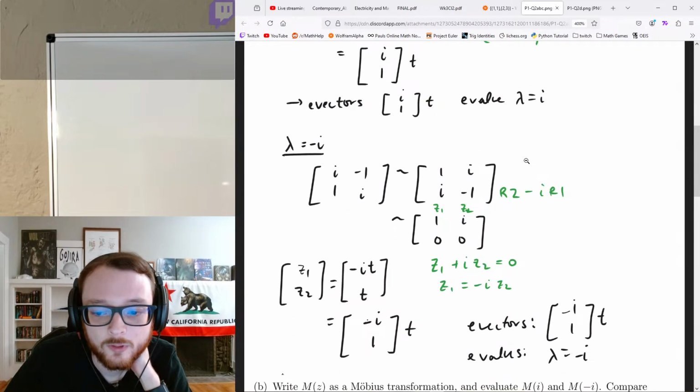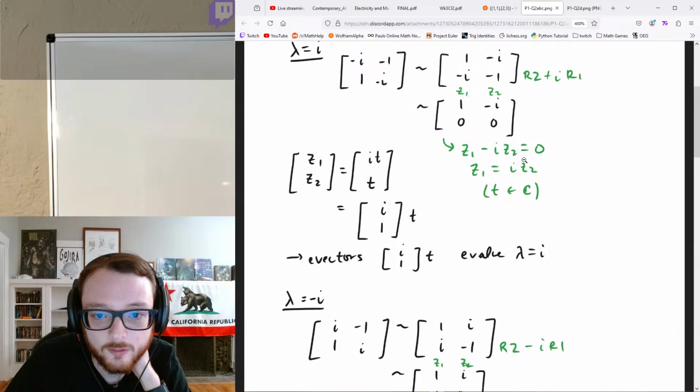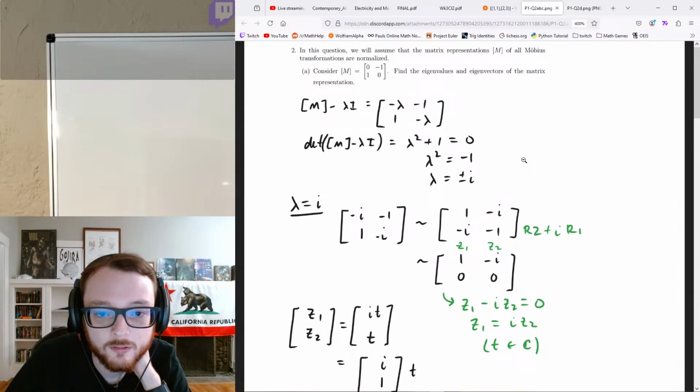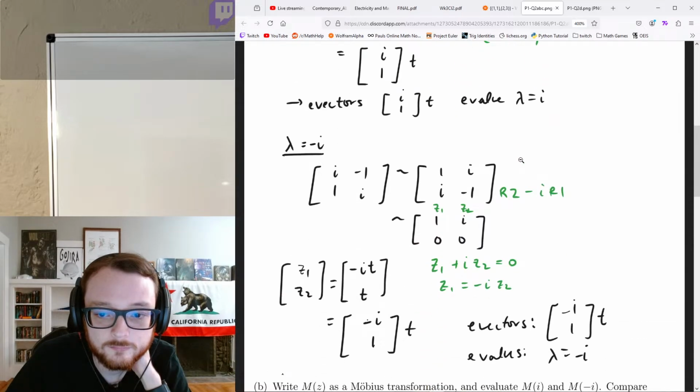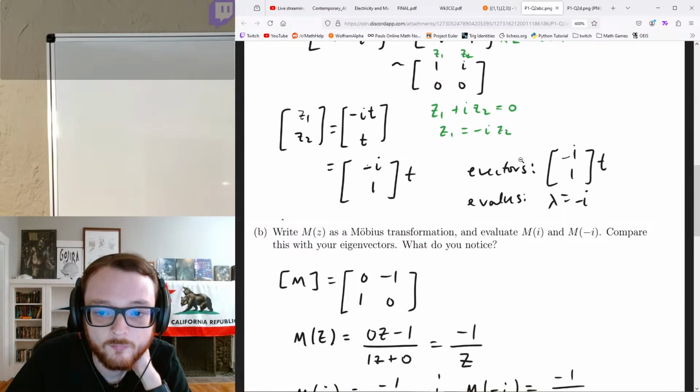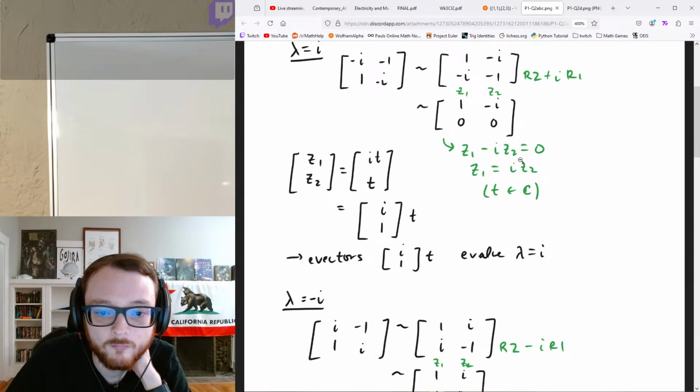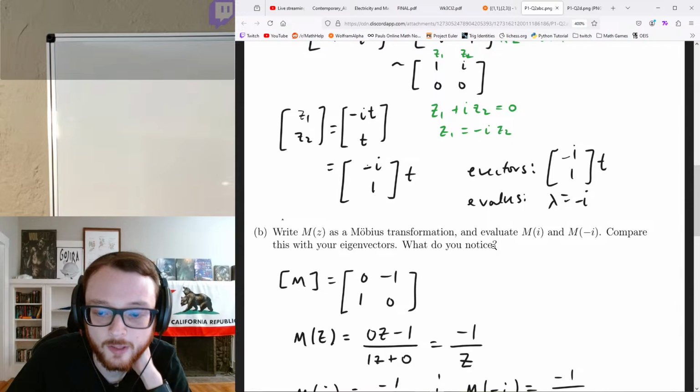Okay, so, oh god, this scrolling goes quick. So in this example, diagonal vectors were i, 1 and minus i, 1.